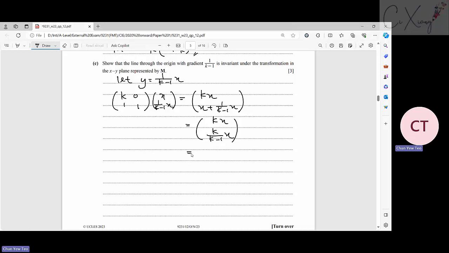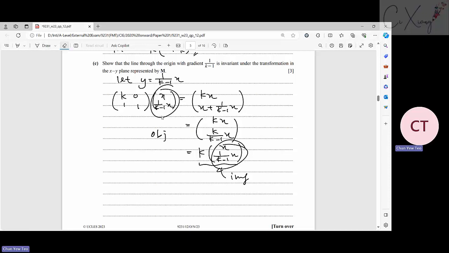Now you can see that they all can factorize a k out. Then you get this. So this is the object, and this whole thing is the image. And you can see that the image is actually a multiple of the object, multiplied by k.